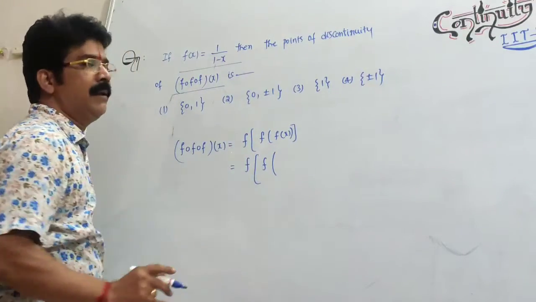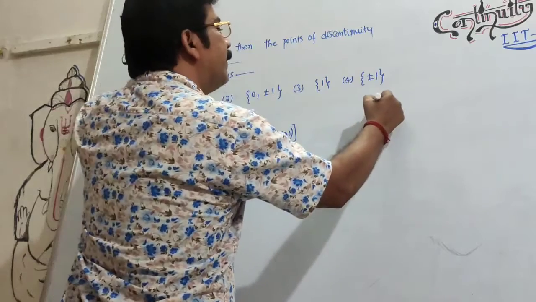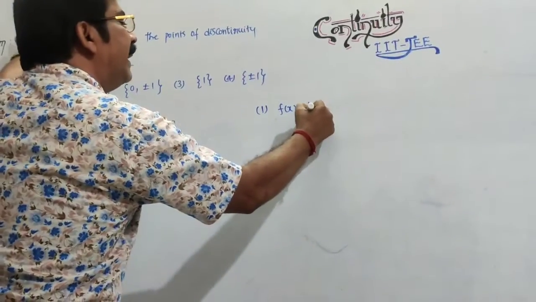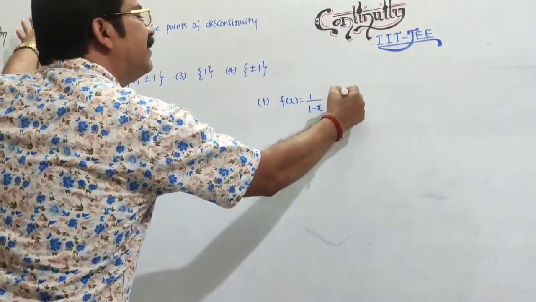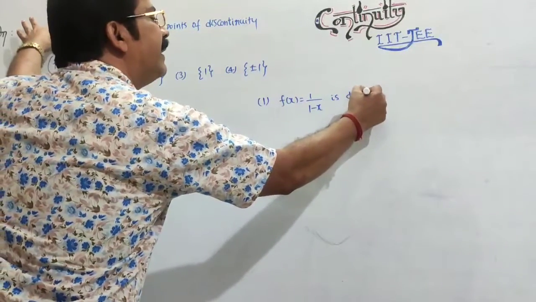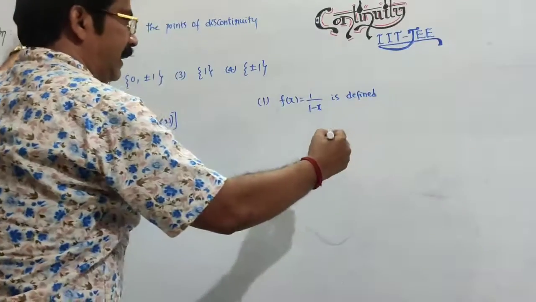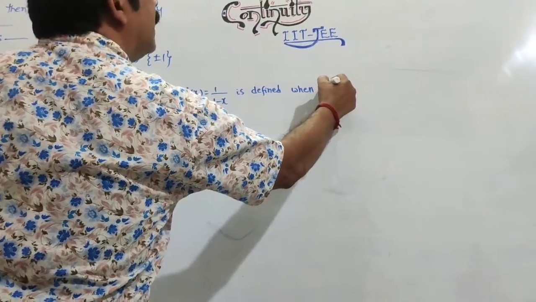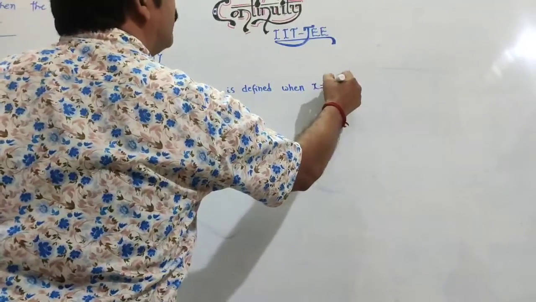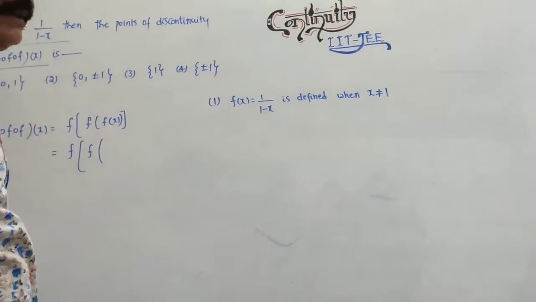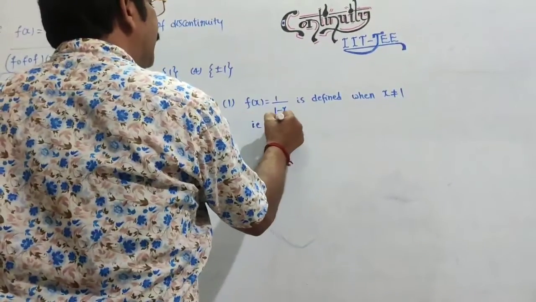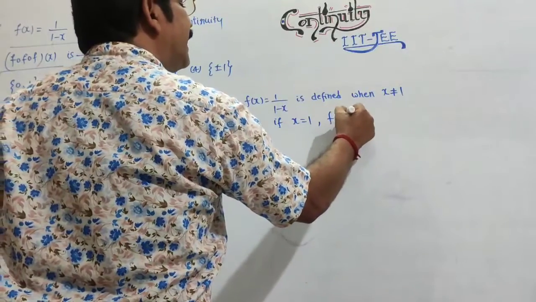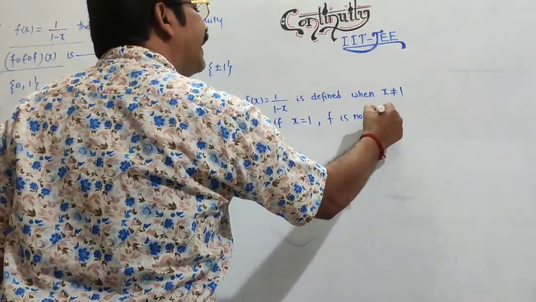First step, f of x equal to 1 by 1 minus x is defined when x not equal to 1, correct? Yes. So if x equal to 1, f is not defined.